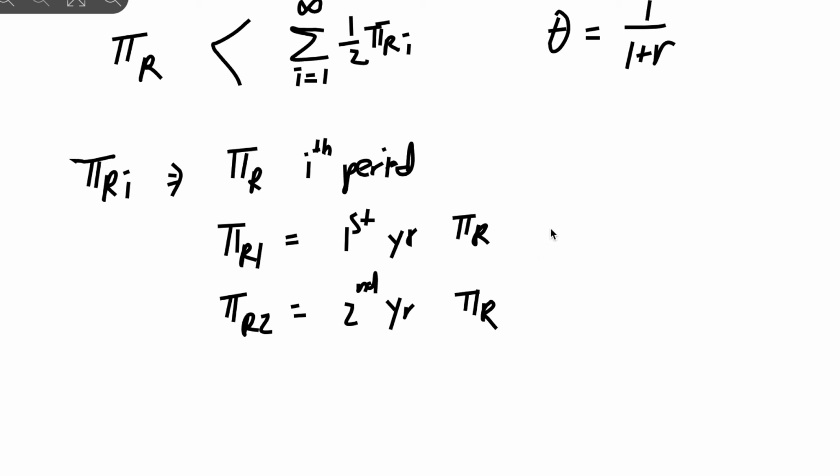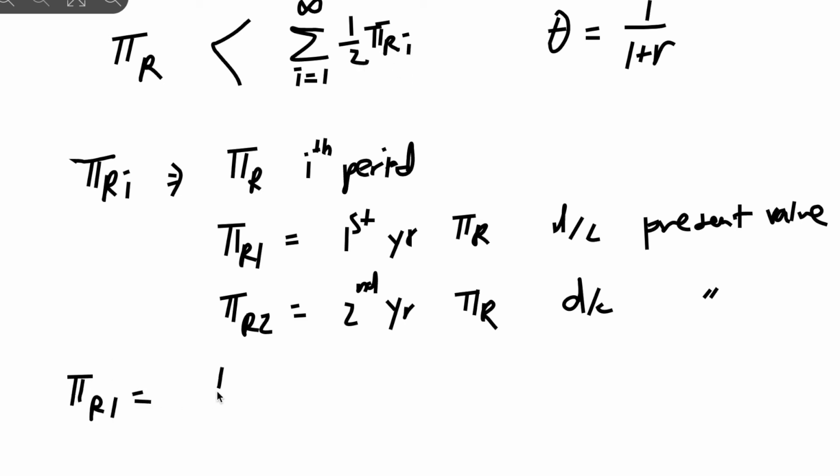But what we want to do is discount it to present value, right? So for R1, do we discount? No, this is the starting point. So we get just half of the profit, right? Pi R1 equals half of the retailing profit.